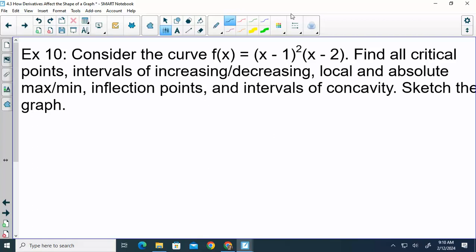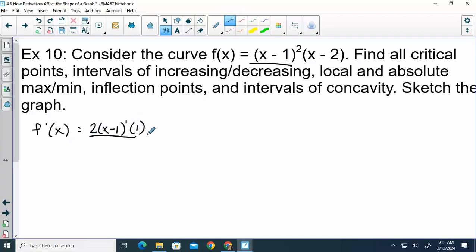So let's go ahead and just try keeping it like this and seeing if we can do our derivative with our product rule. So derivative of the first, so derivative of x minus 1 squared. The 2 would come down. Inside stays the same. Subtract 1 from the power, so that would just be to the first. Times derivative of the inside, which is just 1.